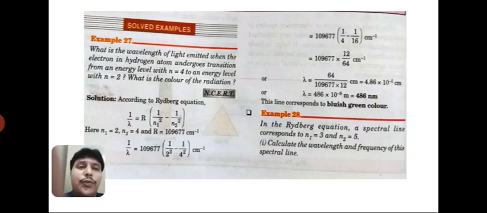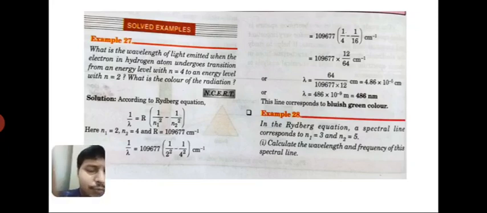So here we have to find the wavelength. N is given. Student, always the lowest value is for n1 and the largest value is for n2. So we apply the Rydberg equation, that is 1 by lambda equal to R into 1 upon n1 square minus 1 upon n2 square. Why are we not using Z here?